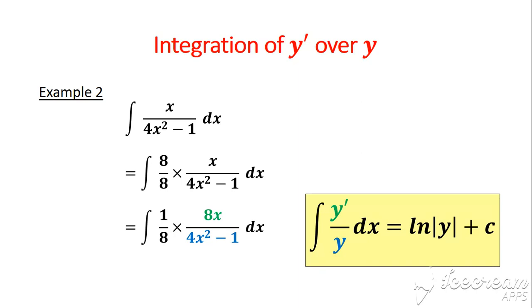Now this will integrate to 1/8 times the natural log of 4x squared minus 1 plus c. So the 8x, we don't need to worry about that anymore because that is just u dash. And we've got the natural log of 4x squared minus 1, and we're timesing it all by 1/8. Little tricky, that one. Let's try another one and see if you follow that same idea.